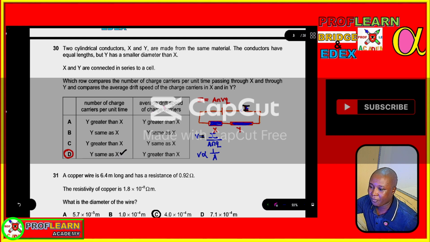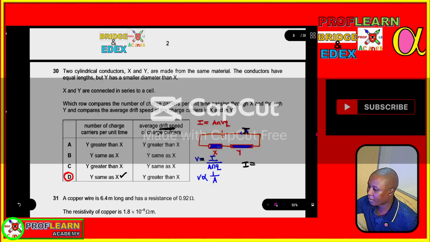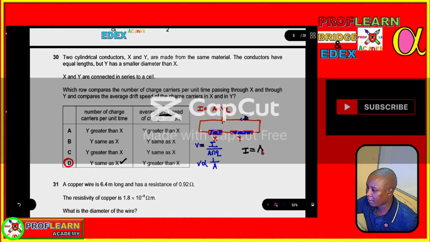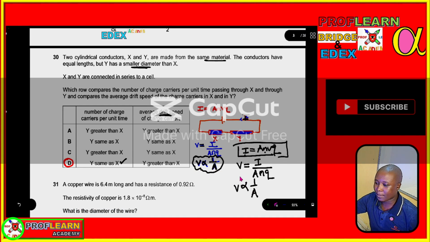But for the average drift velocity, we know that I is equal to nAvq. If you make v the subject, you're going to realize that drift velocity is inversely proportional to the cross-section area. What does that mean?